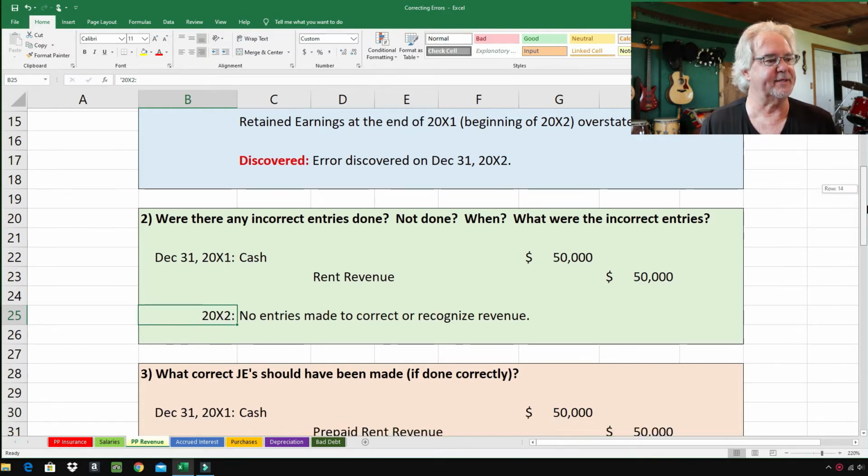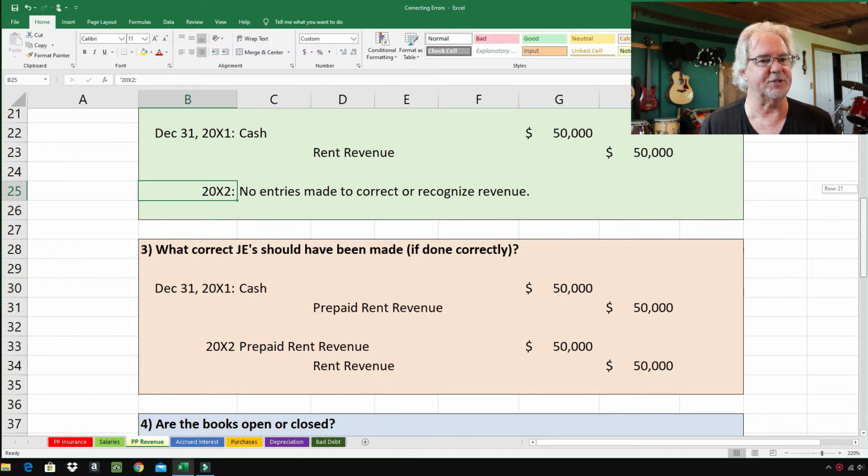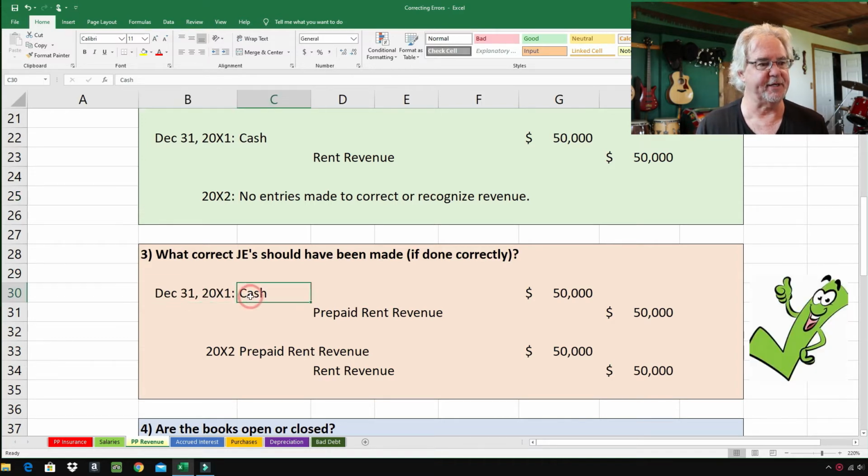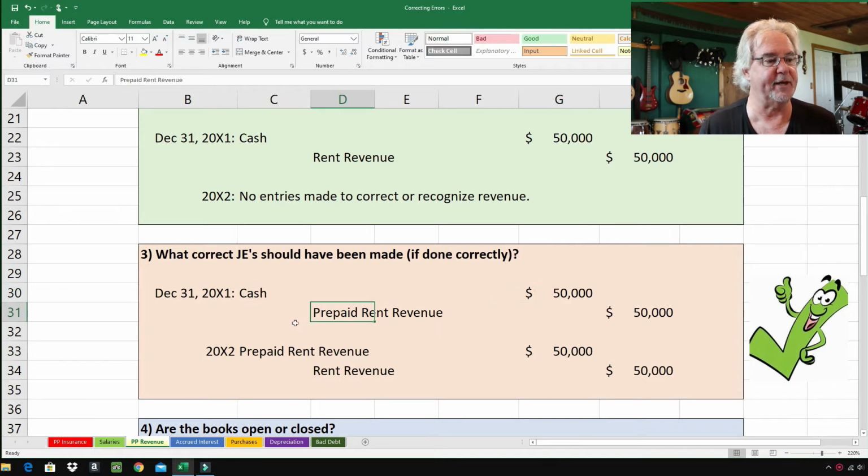So the next thing, step number 3, is to think about, if they would have done it correctly, what should they have done? The reason it's a good idea to do this step is it gives you something to aim for when you're correcting the books. On December 31st, 2001, they should have debited cash for $50,000, which they did do. And instead of rent revenue, they should have credited prepaid rent revenue for $50,000.